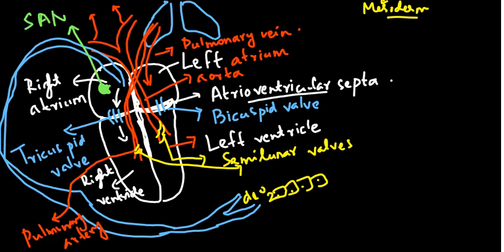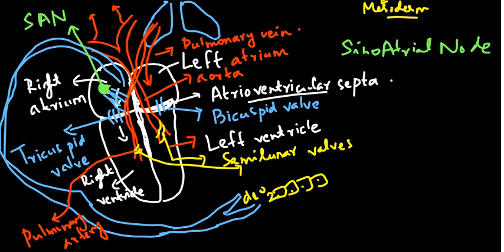SAN means sinoatrial node. The sinoatrial node will send electrical impulses which cause the atrium to contract.